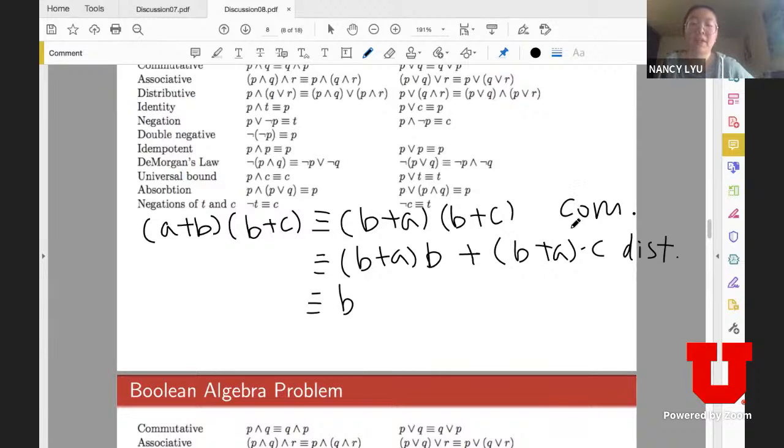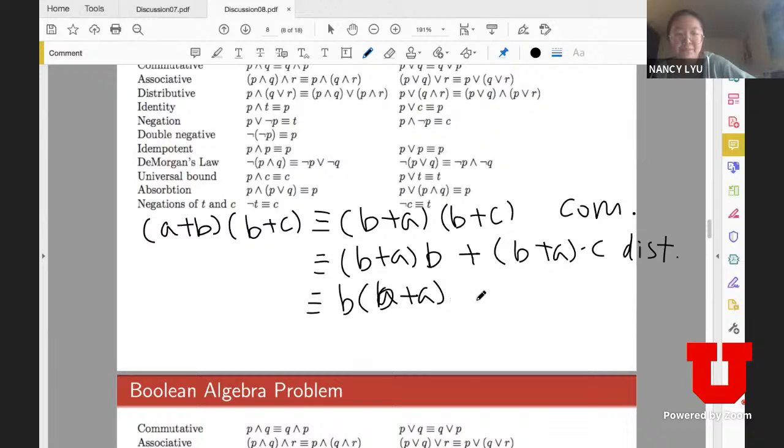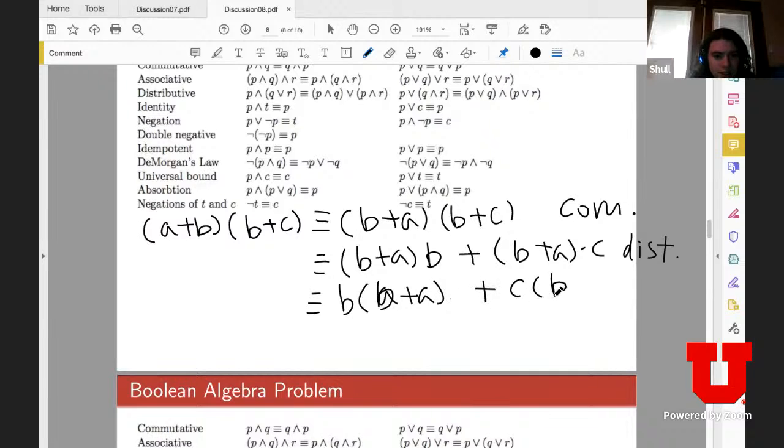We can directly use the distributive to get (A plus B) dot B plus (A plus B) dot C. What I was saying is you could switch it to B dot (B plus A), and then you could use absorption. Yes.